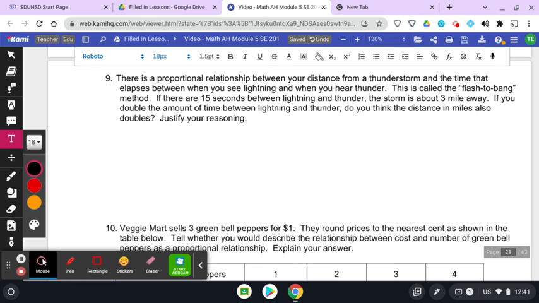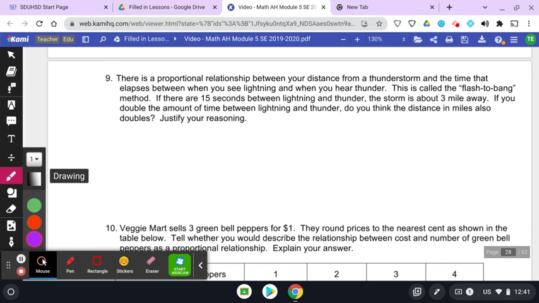If you double the amount of time between the lightning and thunder, do you think the distance in miles also doubles? Well, it tells me that there's a proportional relationship. So, because there's a proportional relationship, I know that the scale factor has to happen. Okay? So, if there's a 15-second lapse, it's 3 miles away.